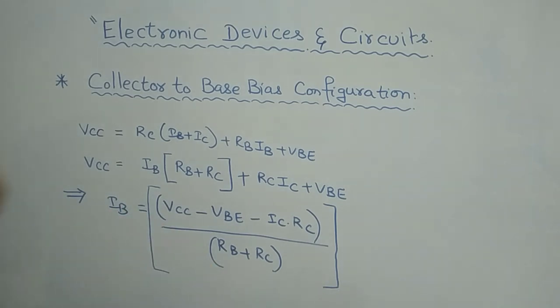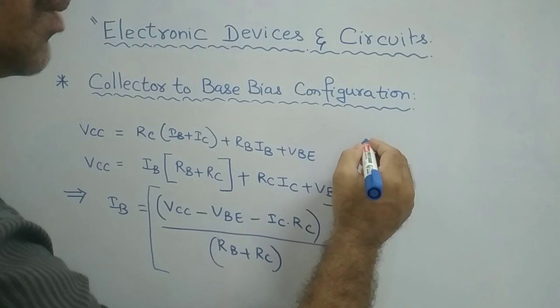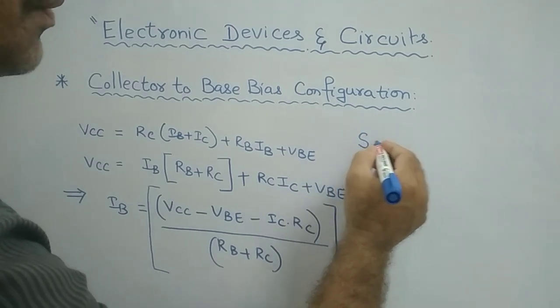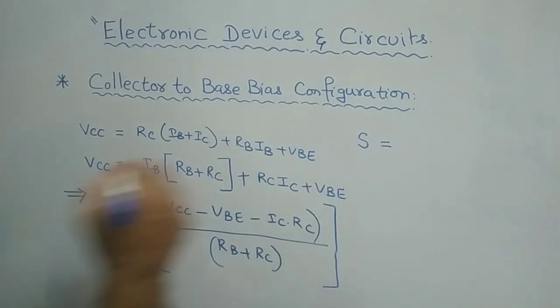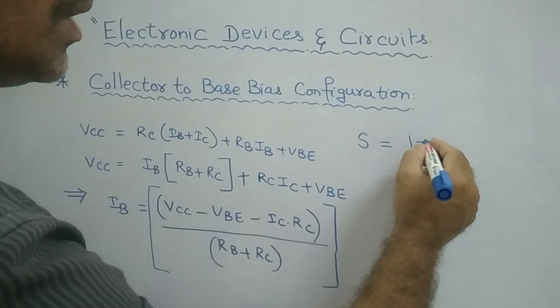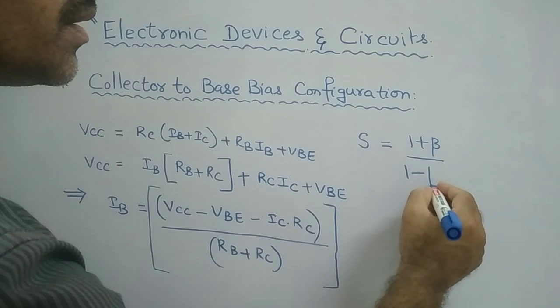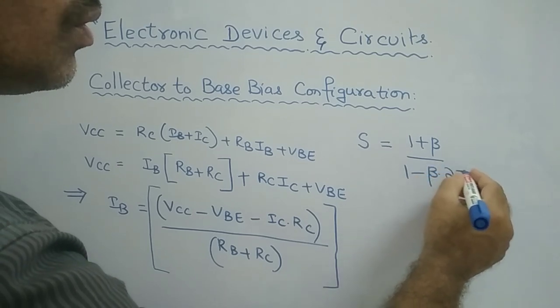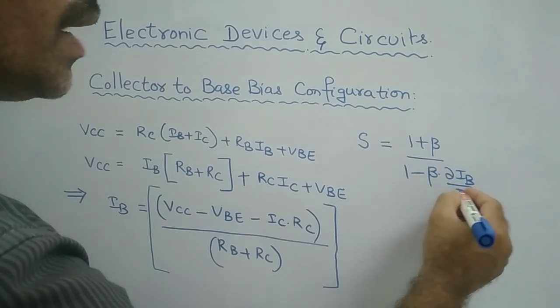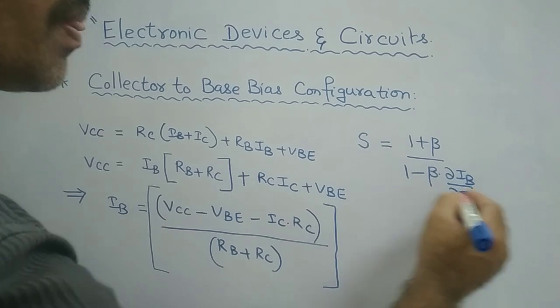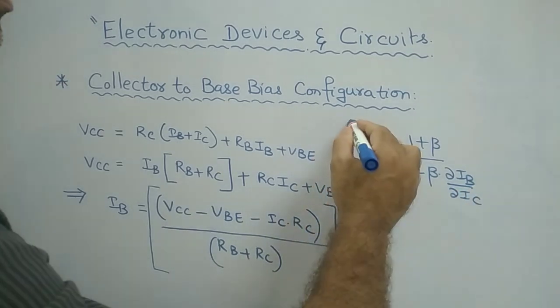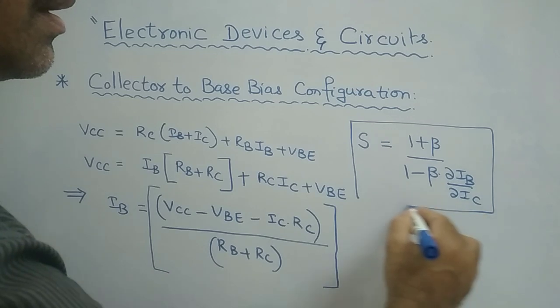Now, what I should do? You must recall your stability factor definition. What is the stability factor? Stability factor S is equal to 1 plus beta by 1 minus beta into dou IB by dou IC. You must remember this. This is the stability factor definition.